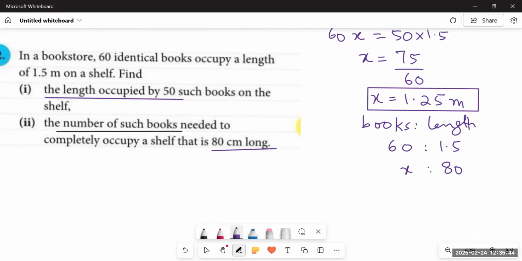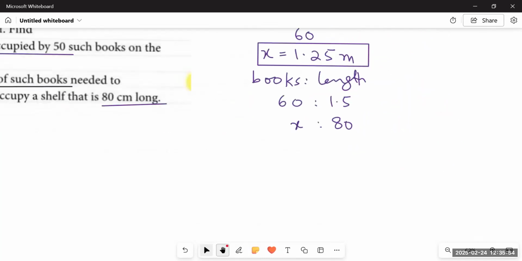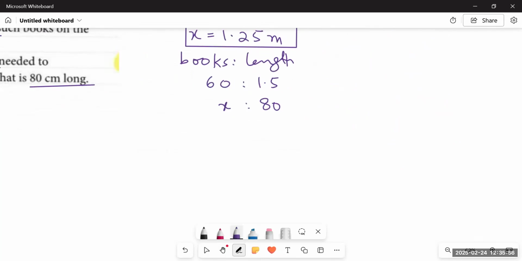Now, what is the problem over here? In the question, we are provided with the length in meters, and in part 2, we are provided with the length in centimeters. So we have already learned when the two ratios are in different units, what do we have to do? We have to make them similar. So either convert 1.5 meters into centimeters by multiplying it by 100, because 1 meter is equals to 100 centimeters.